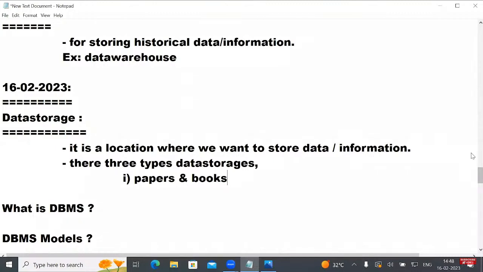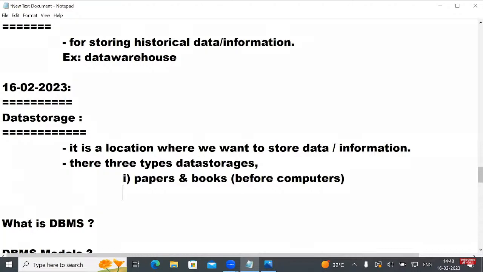These problems exist in books and papers, which were used before computers, when there were no computers in the world.